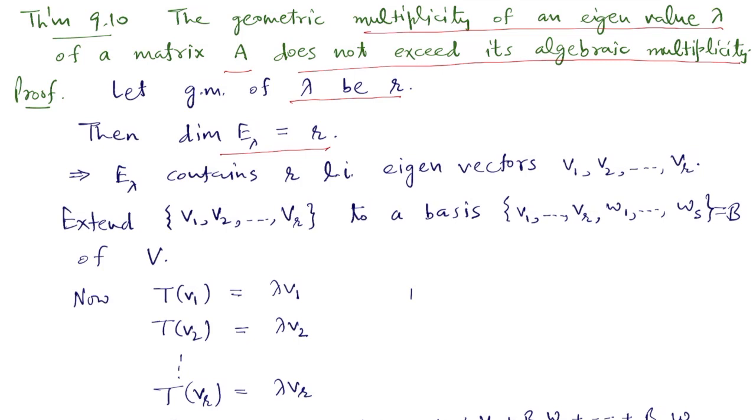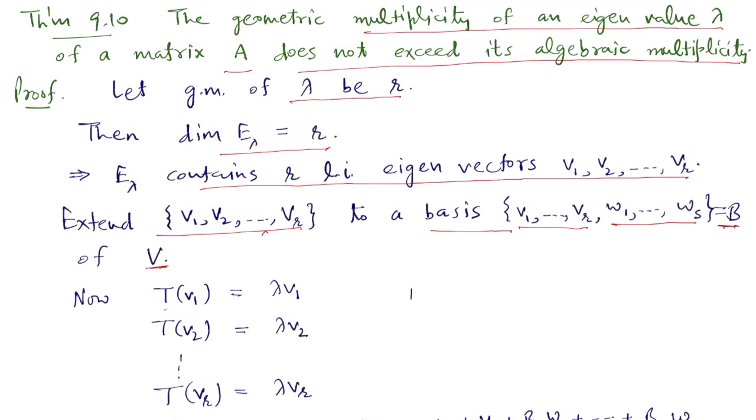So E lambda, which is a vector space in itself, will contain r linearly independent eigenvectors v1, v2, ..., vr. We can extend any linearly independent set to a basis. So we can extend v1, v2, ..., vr to a basis: v1, v2, ..., vr together with w1, w2, ..., ws. Let us call it B, and it is a basis of V. So we have extended this set to a basis of V.